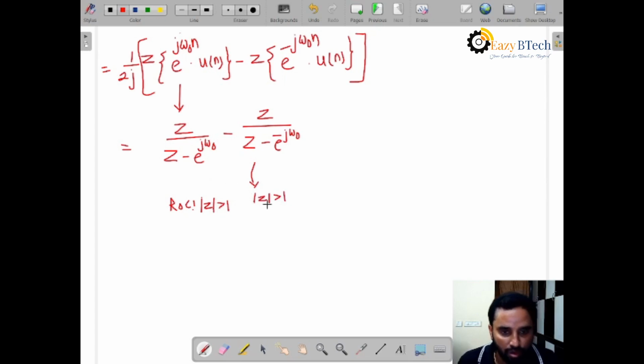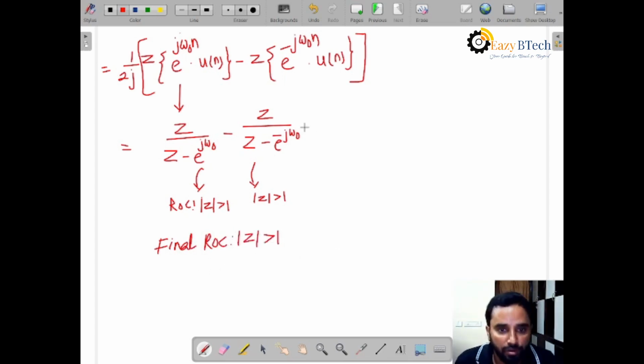So here we have two ROCs. So final ROC is the common of these two, the intersection of these two. So mod z greater than 1, here also mod z greater than 1. So the final ROC is magnitude of z is greater than 1. Intersection of both is the final.